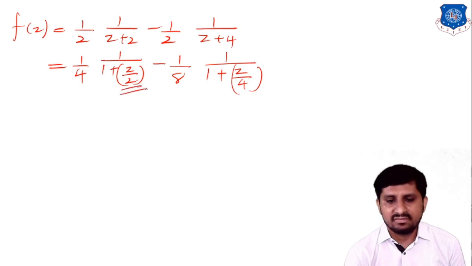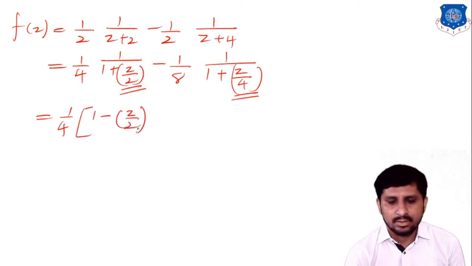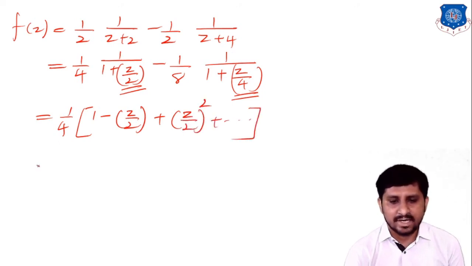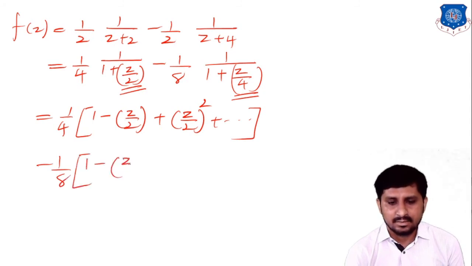And both the modulus values of these two terms, z by 2 and z by 4, are less than 1. So I can write 1 by 4, 1 minus z by 2 plus z by 2 whole square, okay, and so on. And for this term, minus 1 by 8, 1 minus z by 4 plus z by 4 whole square, and so on.